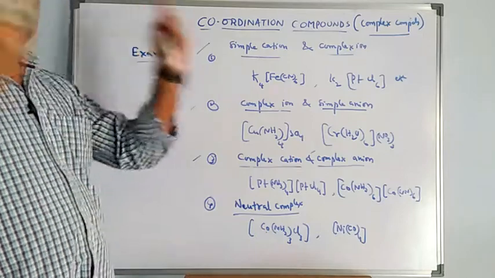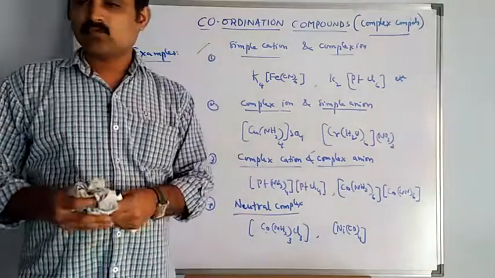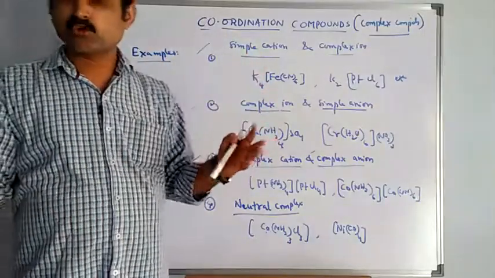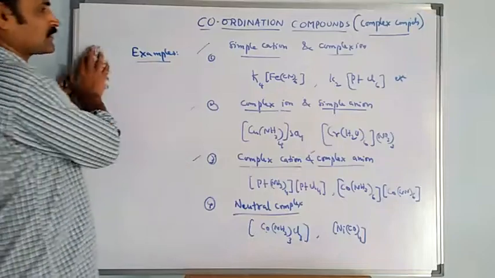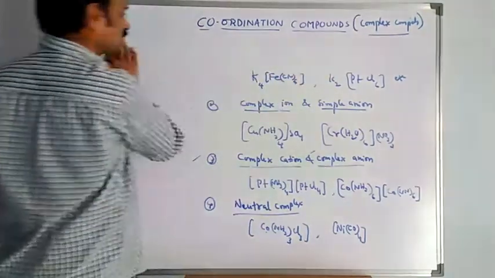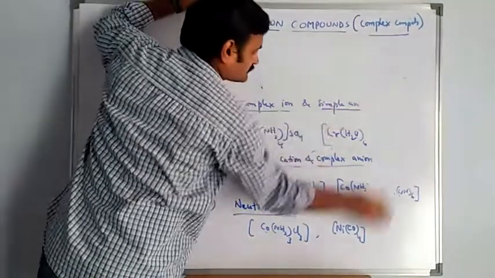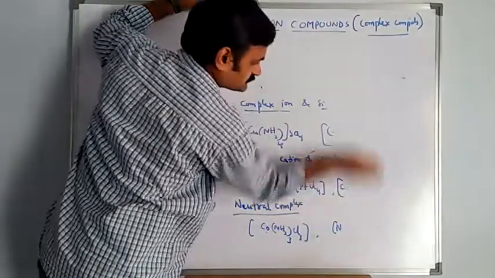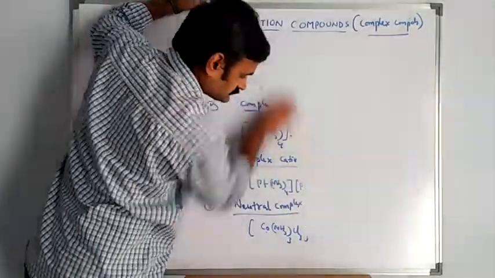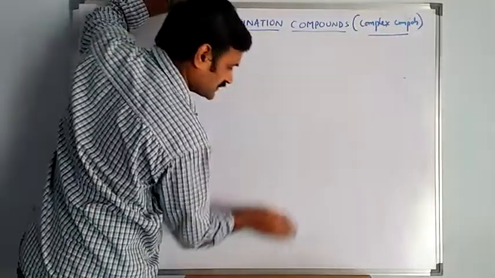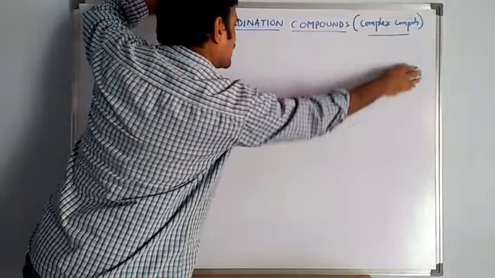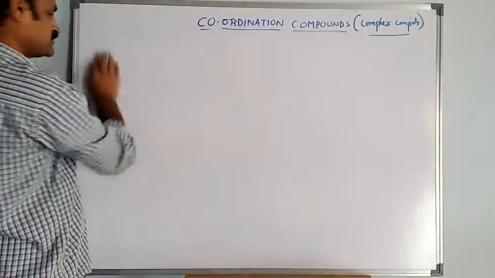Okay, let us move to the next one. What is actually the terminology we are going to discuss in this coordination chemistry? Okay, so we will talk about the terminology. Because simply saying that in the square bracket this is cation, this is anion, no. That is one way of initial observation.